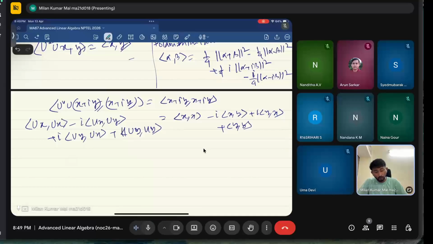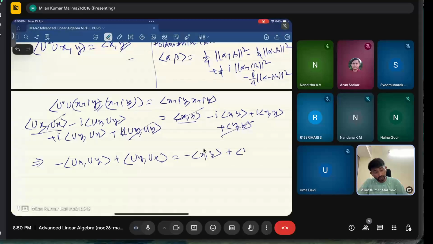And we know that the norm of ux is equal to the norm of x squared. So this will be cancelled out. This will be cancelled out. So what will I get right now? If I cancel out i, then the inner product of ux, uy, that is plus, this is minus, plus inner product of uy, ux, is equal to the inner product xy minus plus inner product yx.